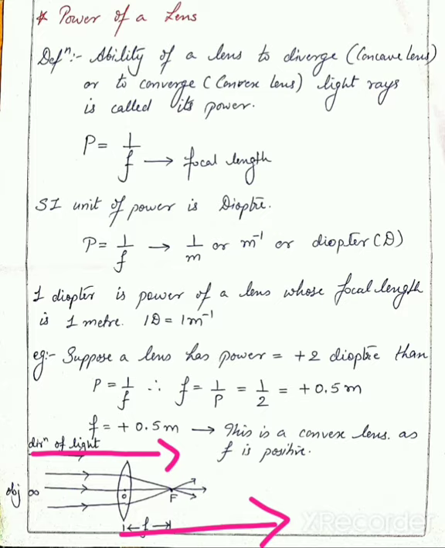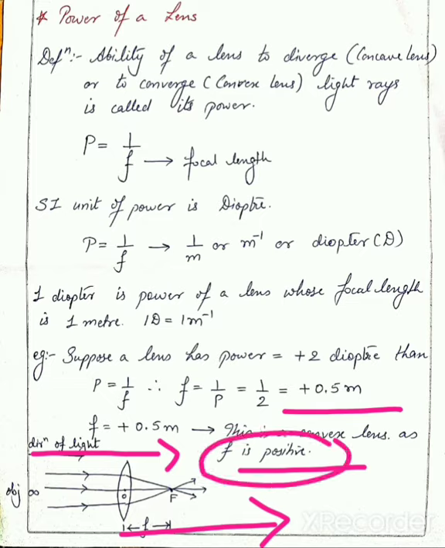Therefore, the focal length of a convex lens is positive. So I can identify from the value of the focal length whether this lens is convex or concave. Here it is a convex lens as the focal length is positive.